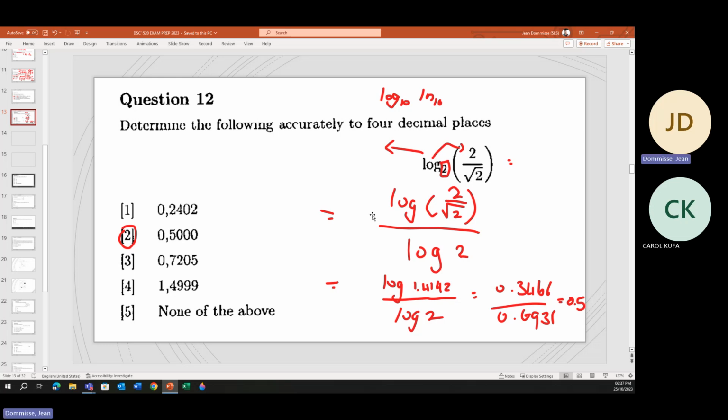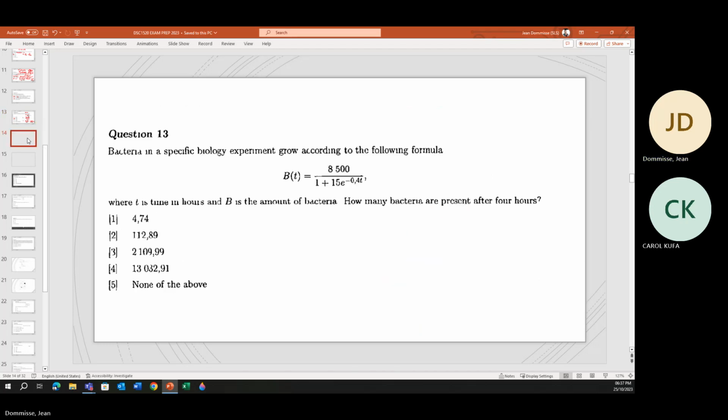Okay, so let's look at the next question. Bacteria in a specific biology experiment grow according to the following formula: B(T) is equal to 8,500 divided by 1 plus 15e to the power of minus 0,4T, where that is just a comma.